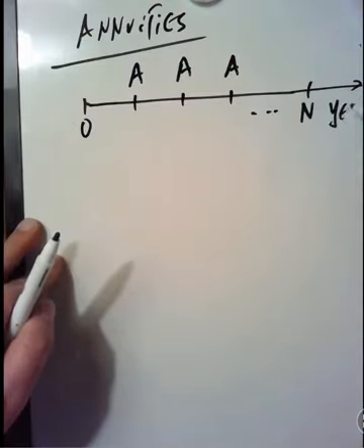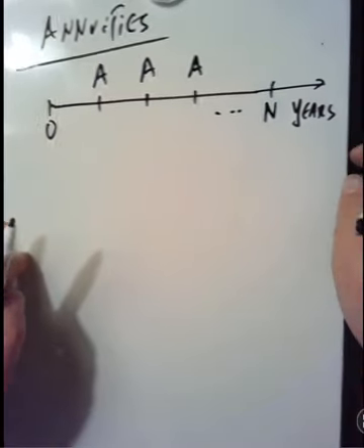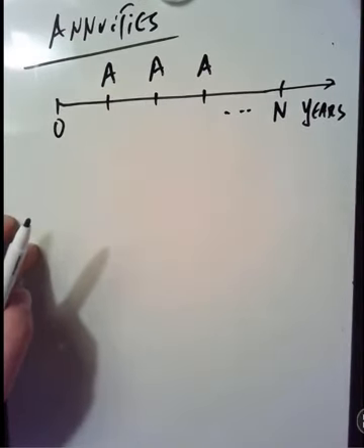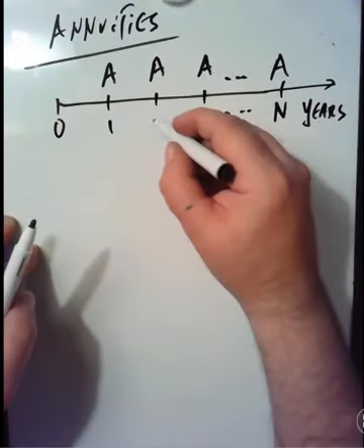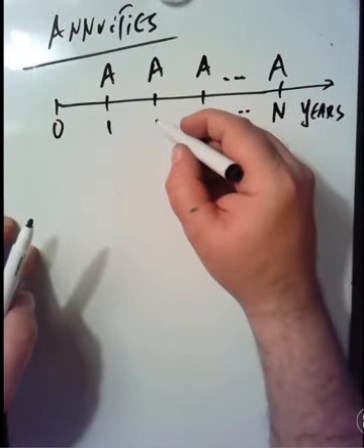Let's say this is years. Uniform through time means it is always this amount, denoted by A, the annuity.